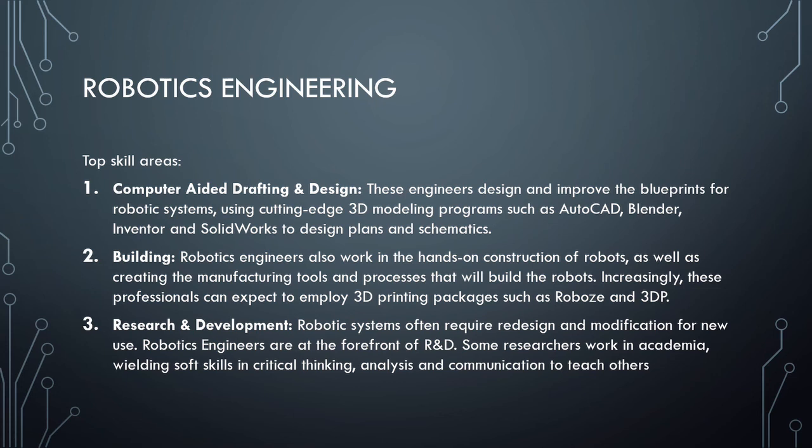Robotics engineers not only design them, but there are also engineers that help construct the robots. They work with different manufacturing tools, processes, and materials, figuring out how everything fits together to get that proper range of motion and the proper physical properties that are needed.